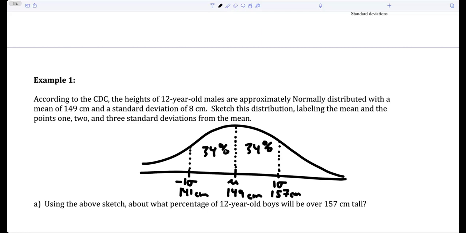And so I'm going to keep going here. Let's go out to 2 sigma, and this would be -2 sigma. And so I'm going to add 8 to 157. That would give me 165 centimeters. And over here, that would give me 133 centimeters.